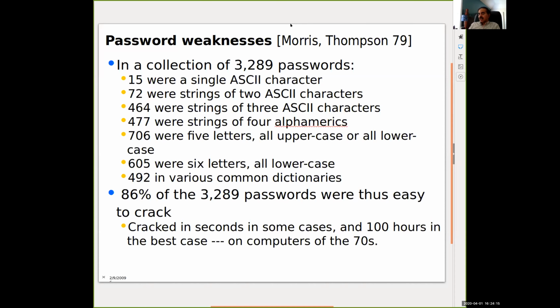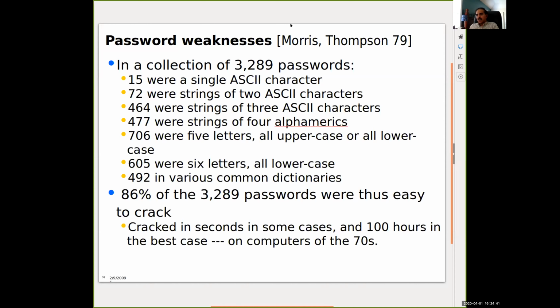If you looked at the type of passwords, all uppercase or all lowercase, then you can see that those types of passwords can be very easily enumerated. And so it turns out that quite a large fraction of this password space can be easily enumerated, and you can just try in an offline attack.